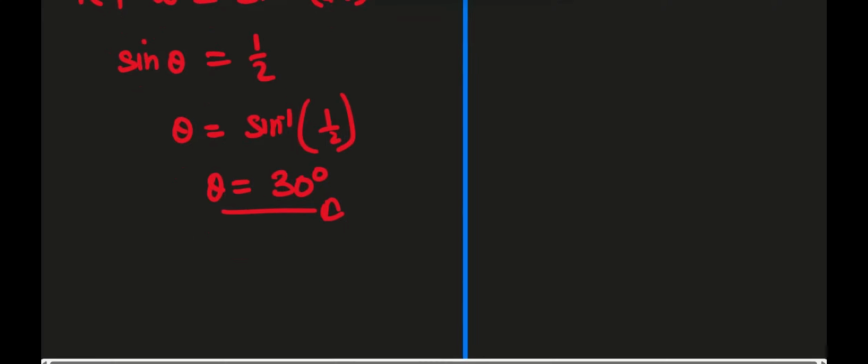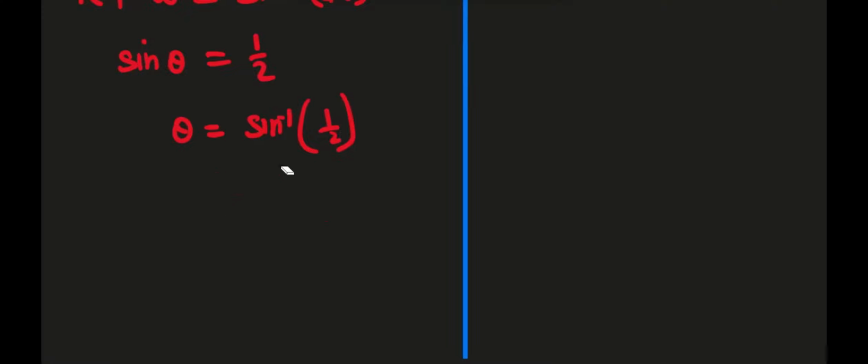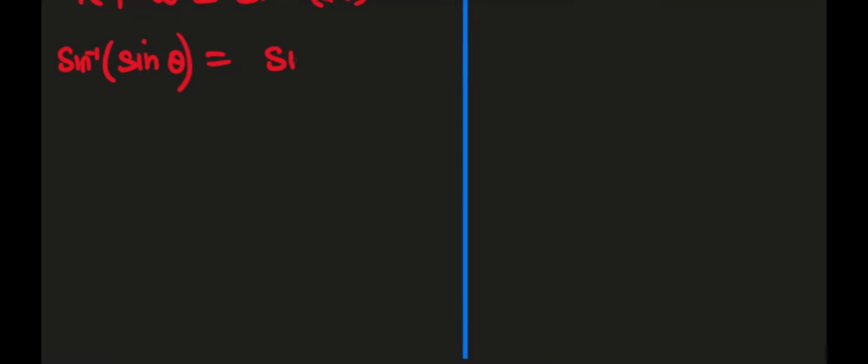So how that happened is as follows. In order to get arc sine, you need to eliminate sine. To do that, you introduce arc sine. So you would say arc sine of sine theta, and what you do on the left hand side you also do on the right hand side, so you would have sine inverse 1/2.